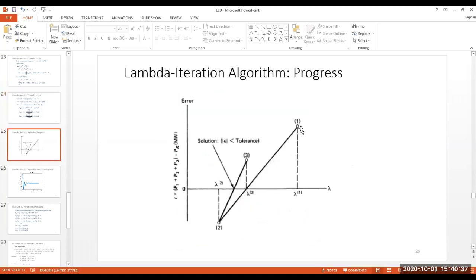This is what is shown here. Let's say this is lambda M1. For our example, it is 25. Then it jumped to some lower value, 22.5. Then it jumped to some other value. Only 3 values are shown here, but finally it will come to such a value where your error is almost 0.